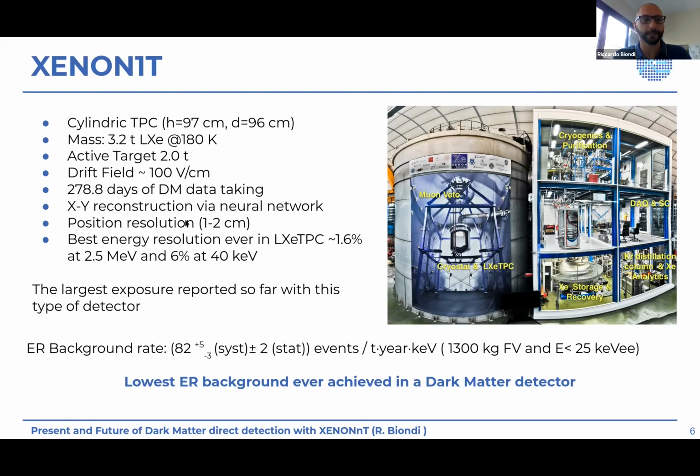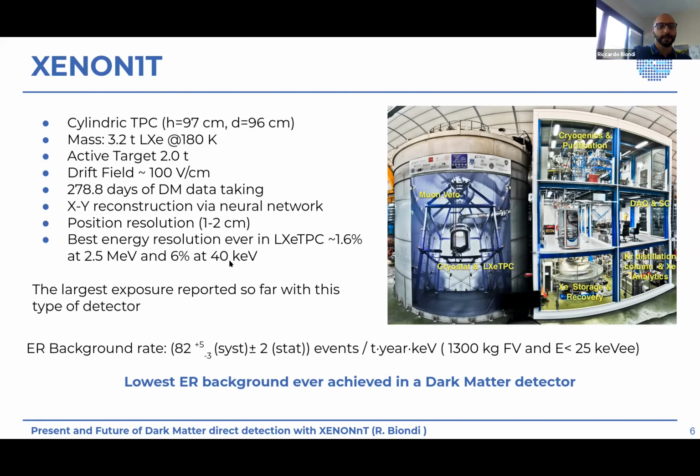The X and Y reconstruction is done via a neural network algorithm to get a position resolution of around 1-2 centimeters. We also have a very good energy resolution, which is actually the best in liquid xenon TPCs, of 1.6% at an energy of around 2 MeV and 6% at an energy of 40 keV.